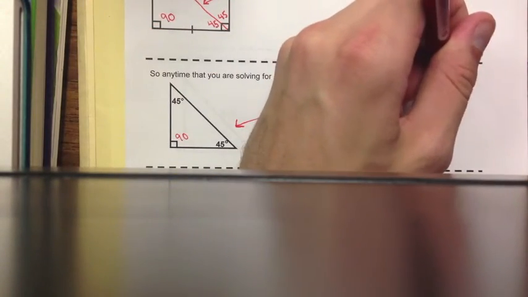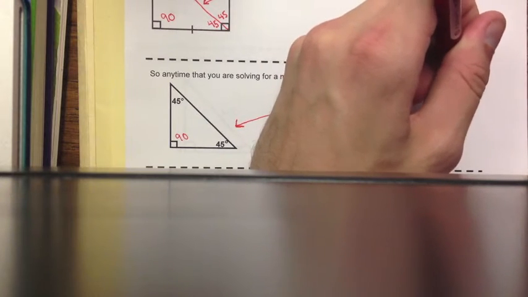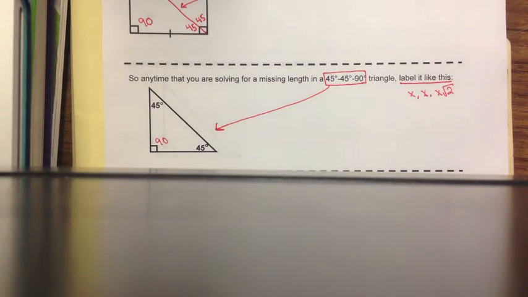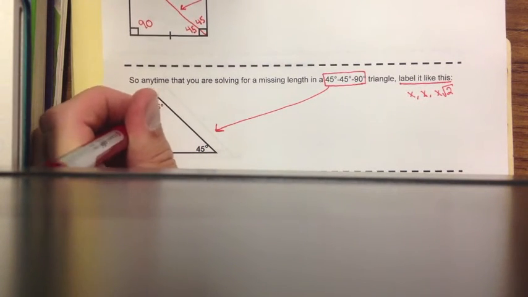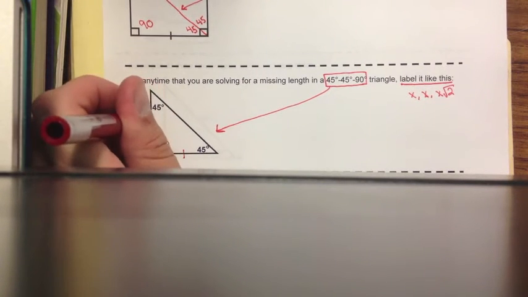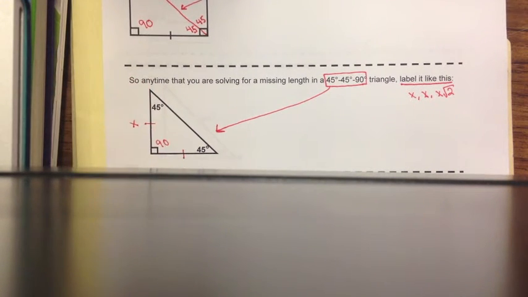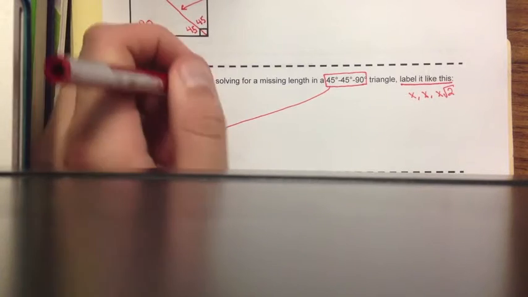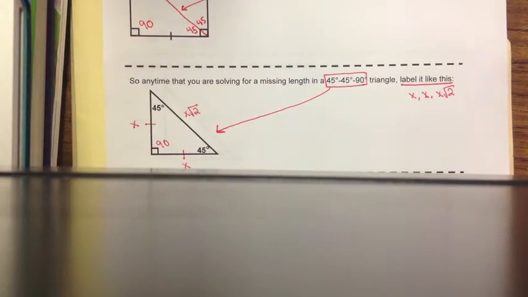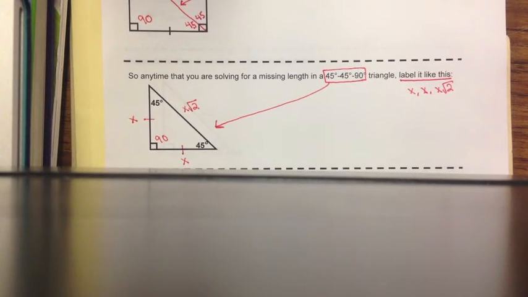Specifically, you're going to take the two sides opposite your 45-degree angles, in other words, the two legs of your right triangle, and you're going to label those two legs as X, which you're about to see me do. You are then finally going to mark the hypotenuse, the side opposite your 90-degree angle, as X radical 2.